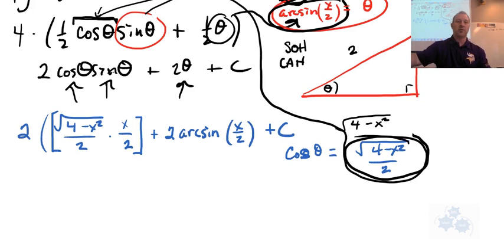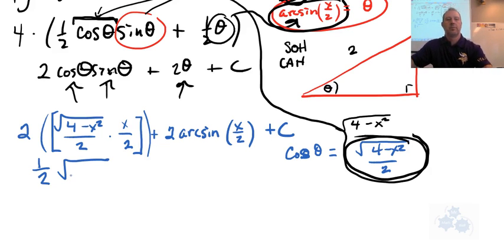Doing another level of simplification here, I have 2 over 4 here, right? So that's going to be 1 over 2 of this root of 4 minus x squared times x.